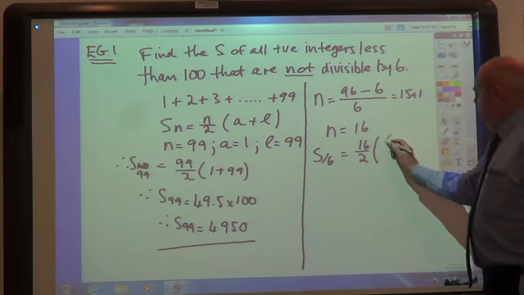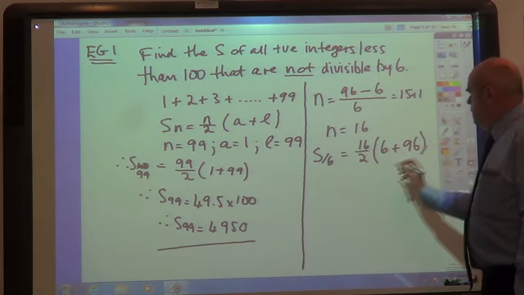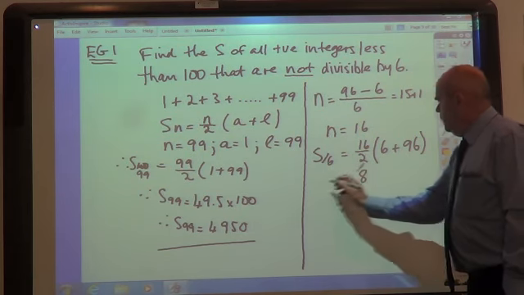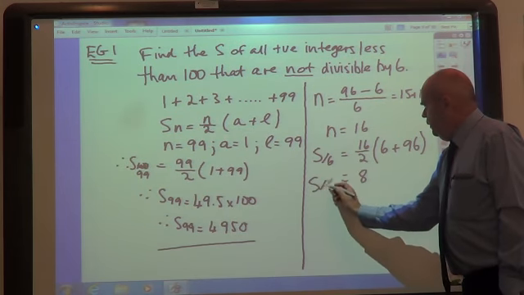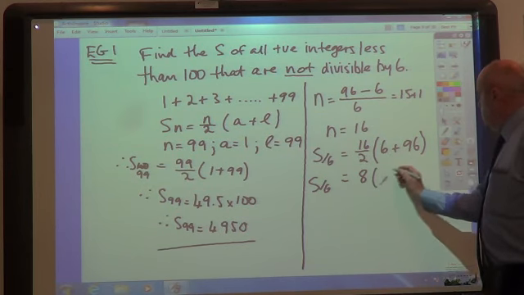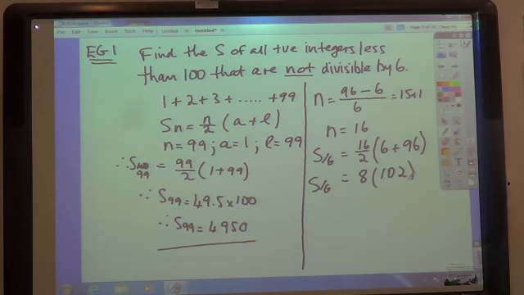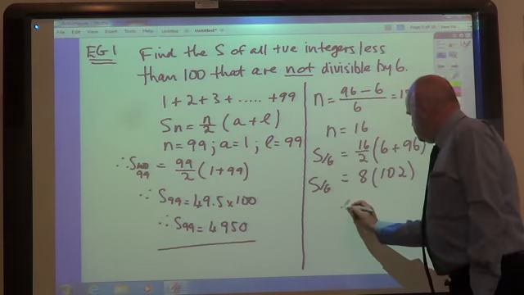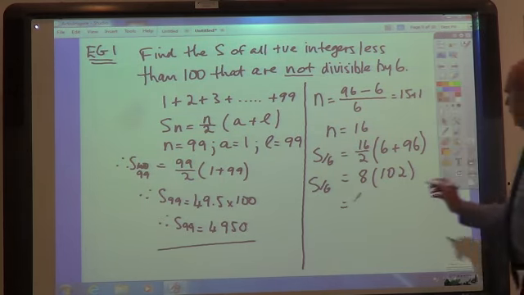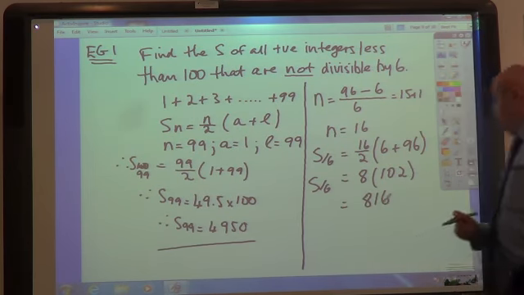I'm not going to, but it's 6, and the last one is 96. Okay? So, sum of the integers that's divisible by 6 is 8 times 102. And that equals 816, doesn't it? Yep. Okay.